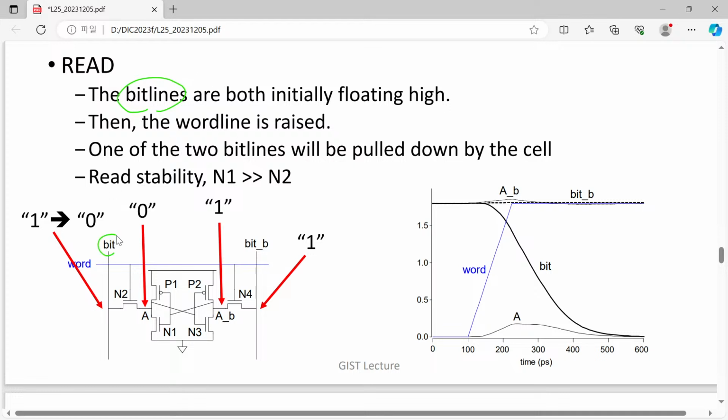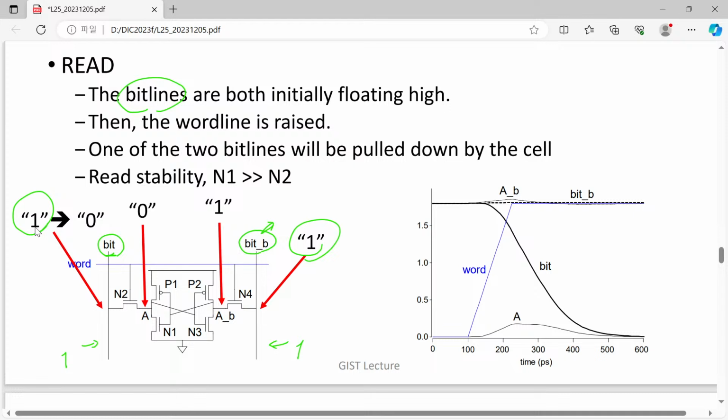One line is called the bit line and the other is the bit line bar. This one holds the complement of the data stored in this bit, and they are both initially charged to high and floated. Although it is 1 and it is 1, as drawn here, they are now floating.